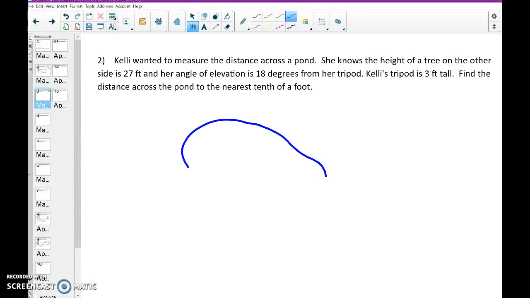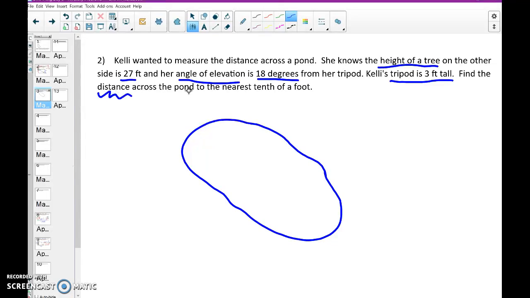Now, while I'm setting up this picture and getting everything underlined, I want you guys to realize that this is actually a legitimate problem. I know some of the other ones are kind of weird, like not many people need to know the angle of their ladder necessarily, but what's happening in this problem is actually something they do.